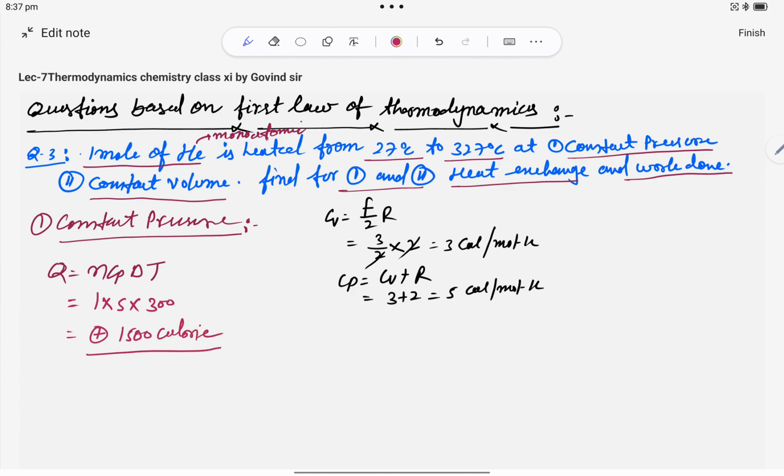That is the heat exchange. Now delta U is equal to n Cv delta T, a formula that is always true. Here 1 into Cv, which is 3, into delta T, again 300. So it will be 900 calorie, also positive.